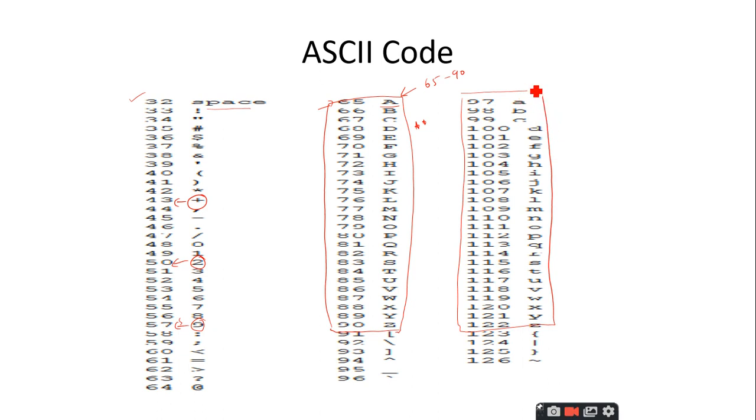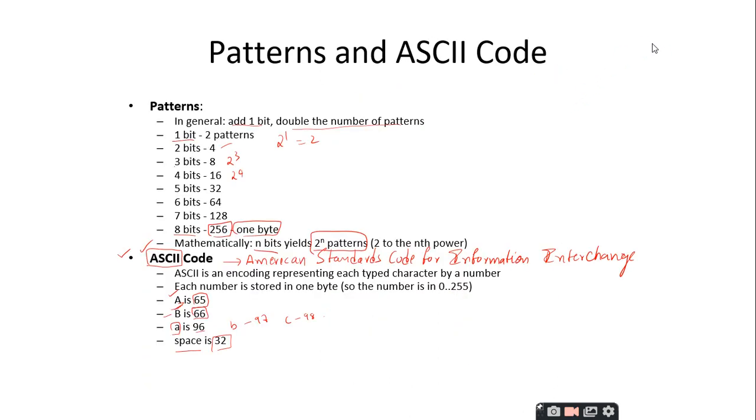The ASCII code range for the lowercase letters is 97 to 122. This is all about the ASCII codes.